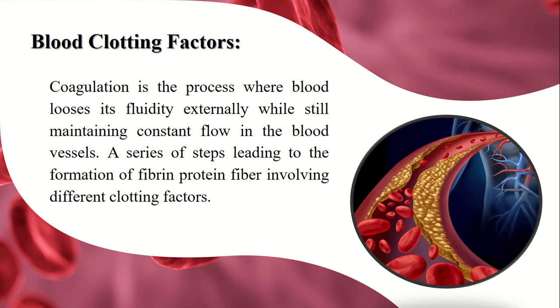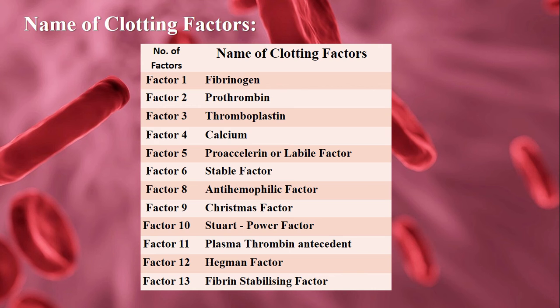Now, what is blood clotting factor? Coagulation is the process where blood loses its fluidity externally while still maintaining constant flow in the blood vessels. A series of steps leads to the formation of fibrin protein fiber, involving different clotting factors.